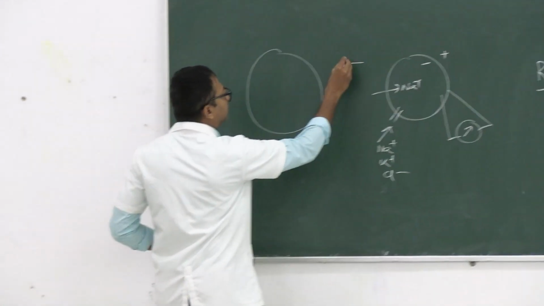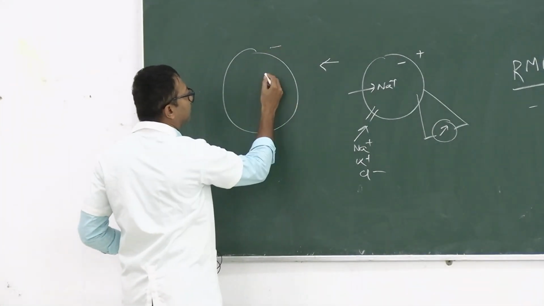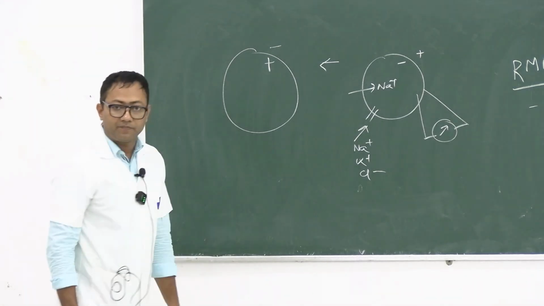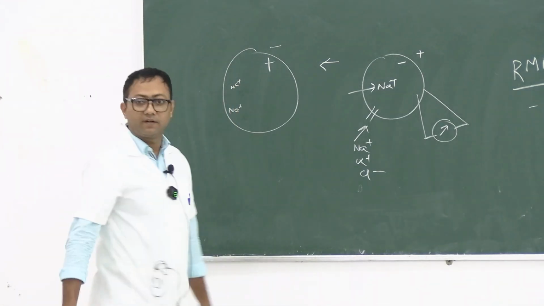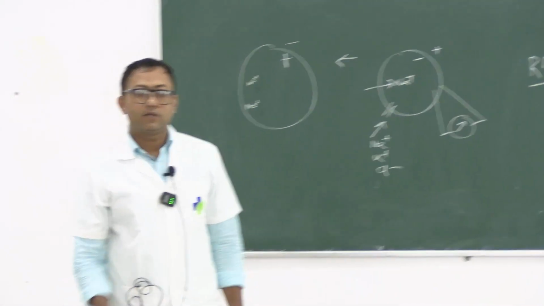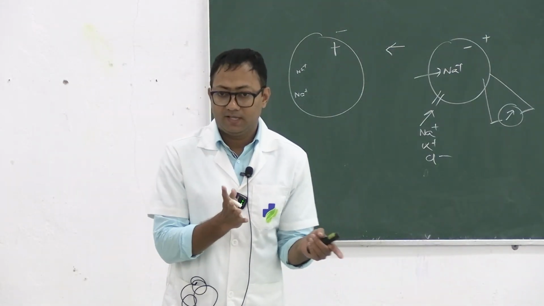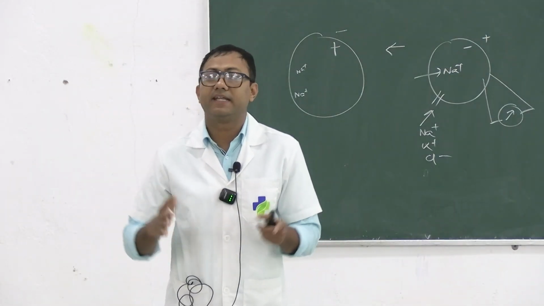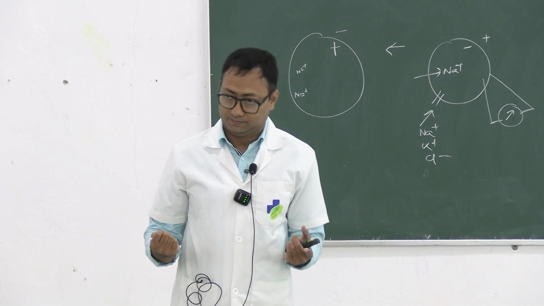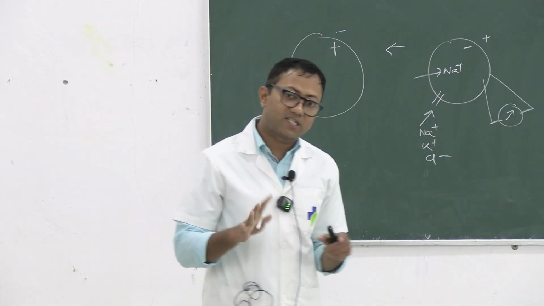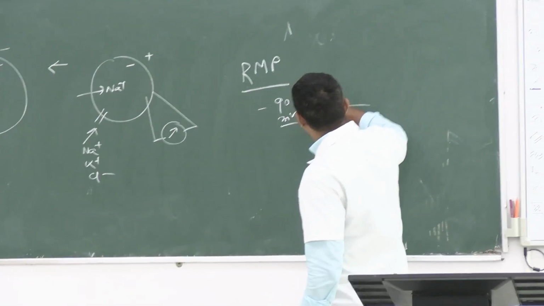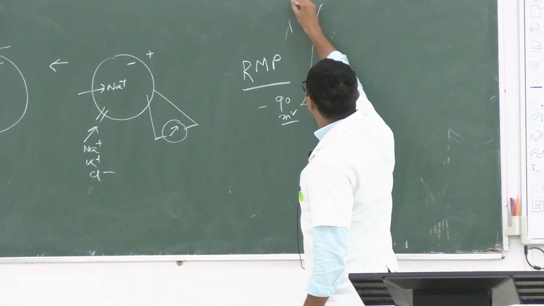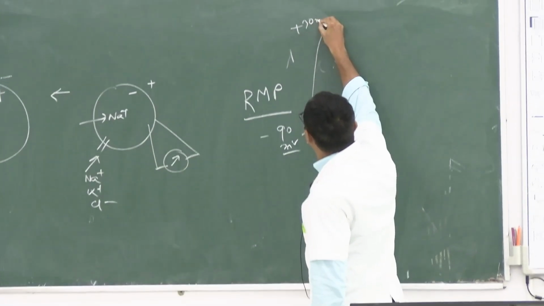Now this side is minus and this side is plus, because the inside is filled with sodium. The polarity has changed, and we call the cell depolarized. The membrane potential rises and may reach up to, say, plus 30 millivolt.